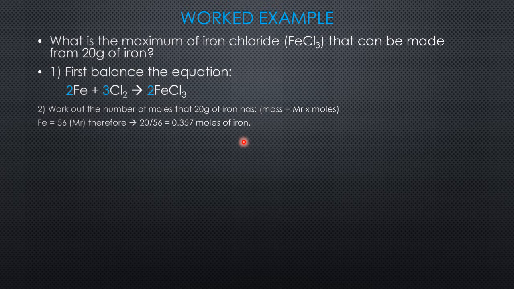So the Mr of iron is 56, and if we rearrange the equation, we should divide the mass by the Mr to find the moles, which is 0.357. Feel free at any point in this video to pause and replay if you are confused. So these are the moles of iron, which is over here.